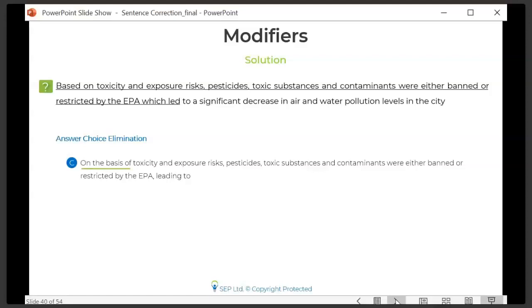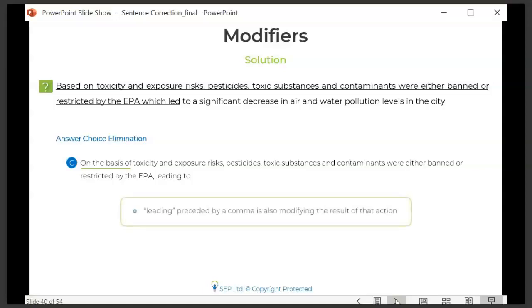On the basis of toxicity and exposure risks, what was done? Banned or restricted. What was banned or restricted? Pesticides. Who banned it? EPA. Now you see, the ing modifier leading is separated from the clause by a comma. And that means leading is modifying the nearest verb.